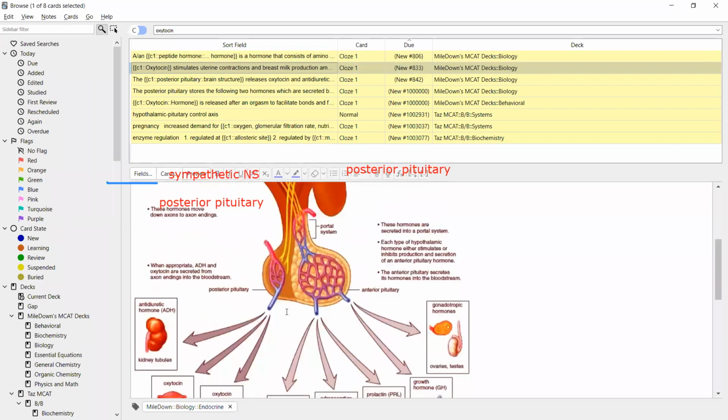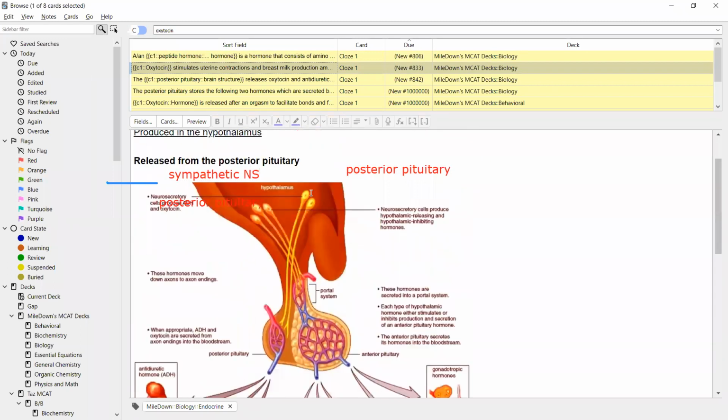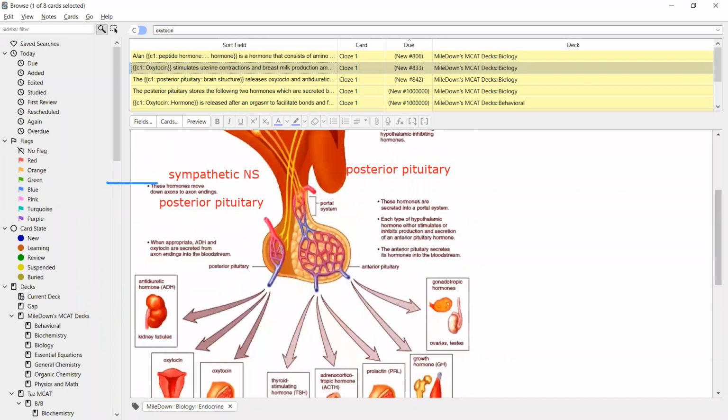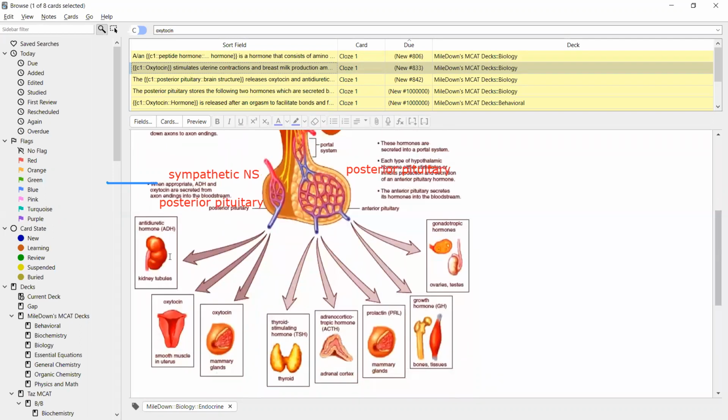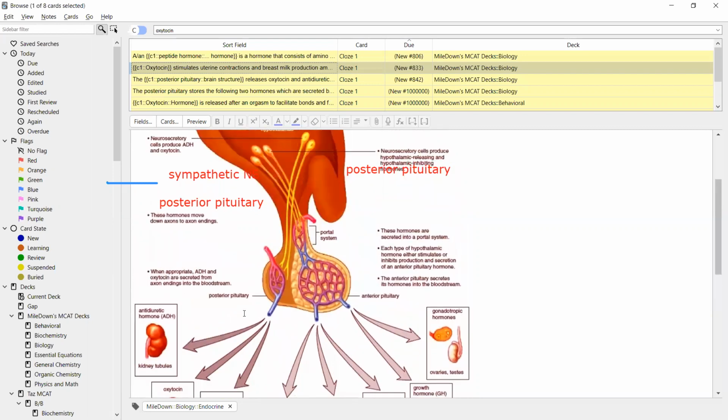Oh, this is a nice picture. Here we can see the difference. The hypothalamus is up here. The neurons of the hypothalamus produce ADH and oxytocin, and put them directly down to the posterior pituitary, where they are released to the bloodstream. The ADH can go to the kidneys, and the oxytocin can go to the mammary glands and the uterus. So that's direct.